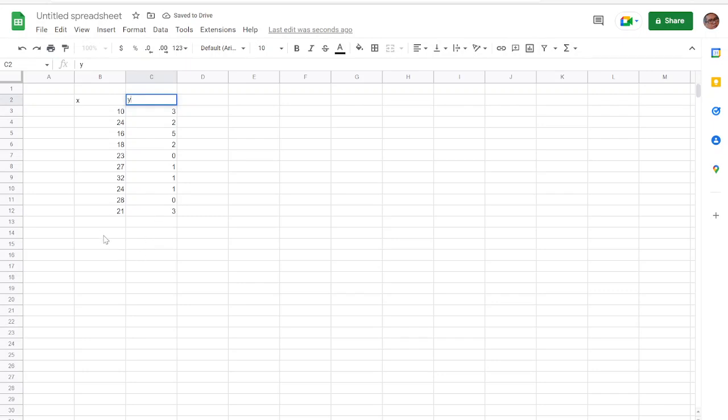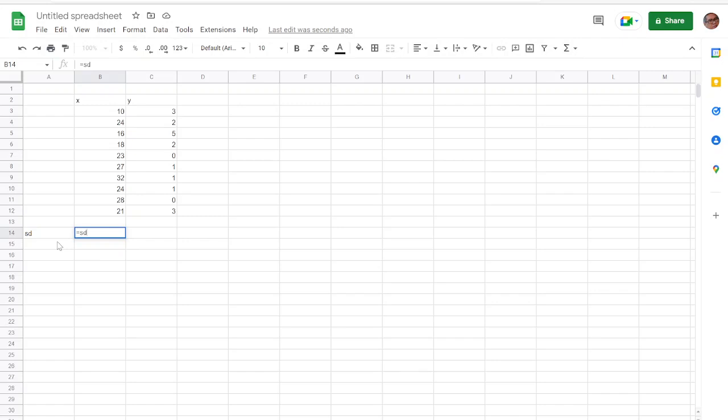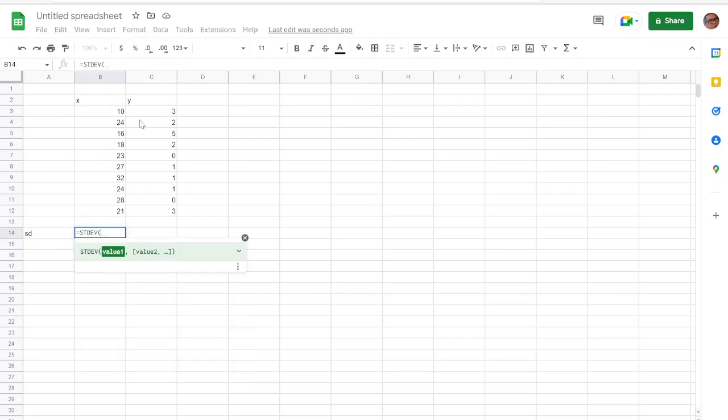You want to get the standard deviation, so I get the standard deviation with STD. You want the standard deviation, this value.